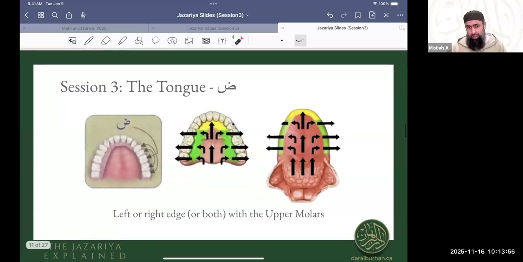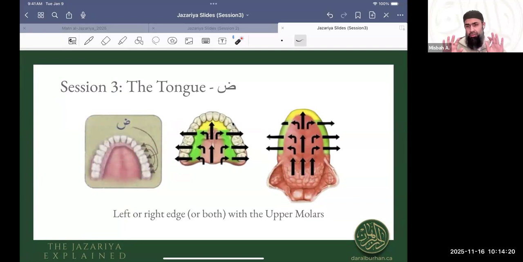So what are we going to look at? We're going to look at the dad. And I just told you, this is the area that we're looking at, okay? These are the teeth right here that the tongue is going to be in conjunction with, left or right edge, or both. Okay? Both is very difficult.